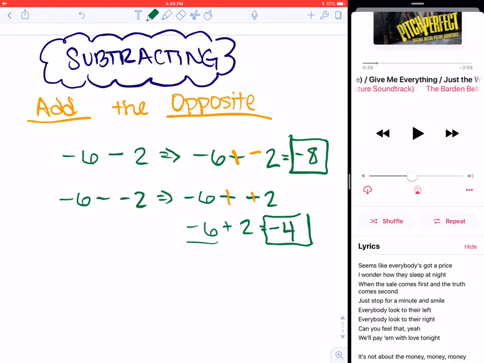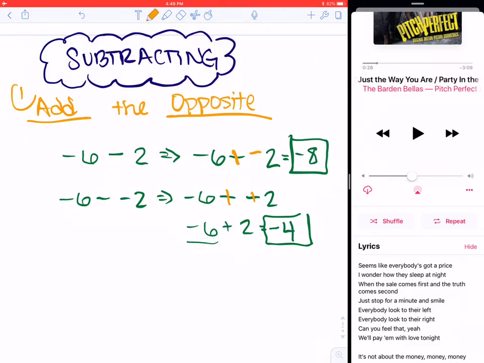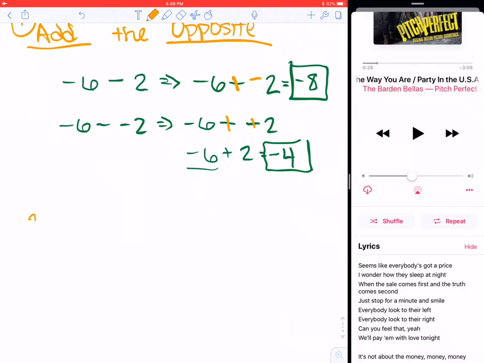That is about it for subtraction. So remember, we first have to add the opposite, and then we need to follow our addition rules.